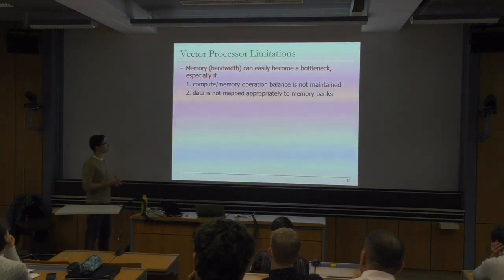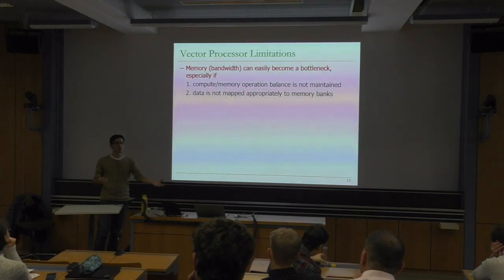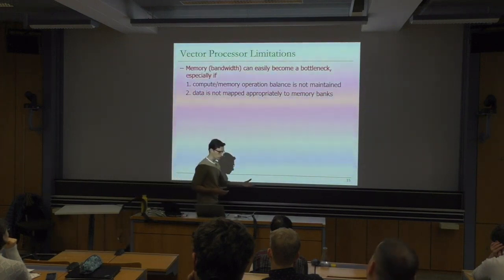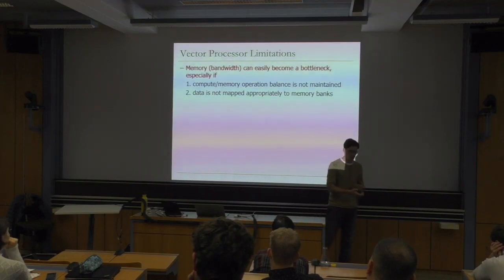Actually, you can even compare the ratio between the peak FLOPS, the peak floating point operations that you can execute on a GPU these days, with respect to the bandwidth that this GPU provides.